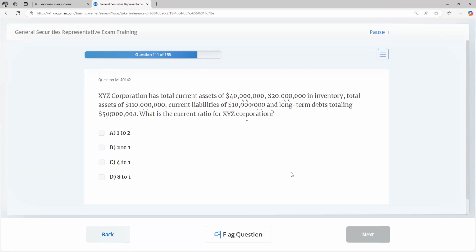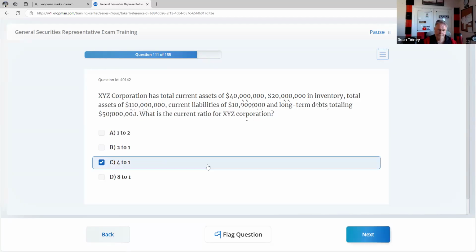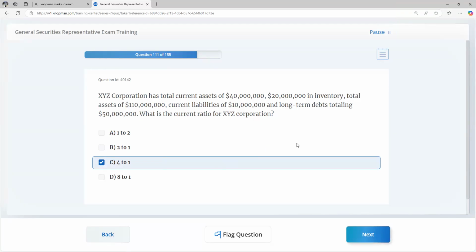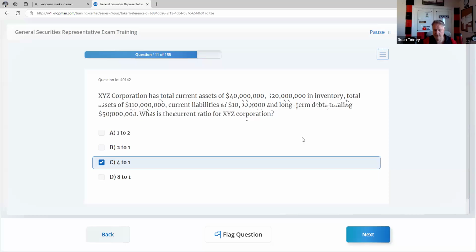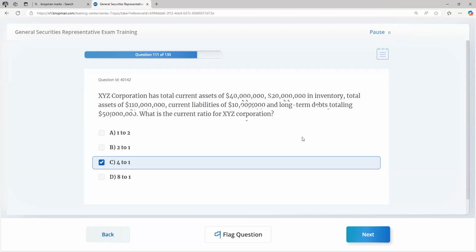So current assets is the 40 million divided by the 10, so 4 to 1. Excellent. What if I asked you quick ratio? Quick ratio is current assets minus inventory, divided by current liabilities. 2 to 1. Yep.